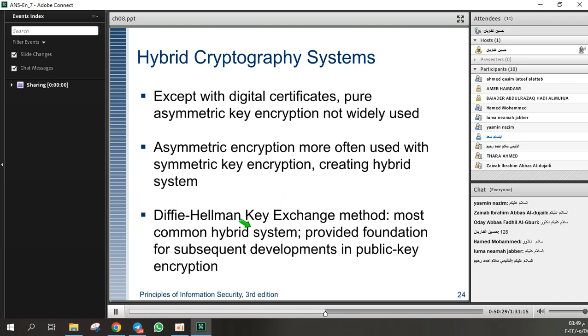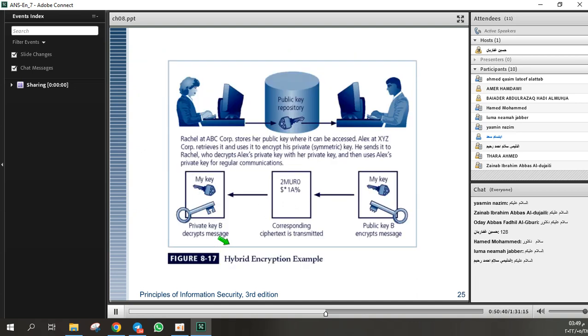It's one of the most common hybrid methods in this case, and it provides a foundation for subsequent development in public key encryption. Look at this one here. Rachel and Alex. Rachel sends a secret shared key to Alex by using asymmetric encryption methods.